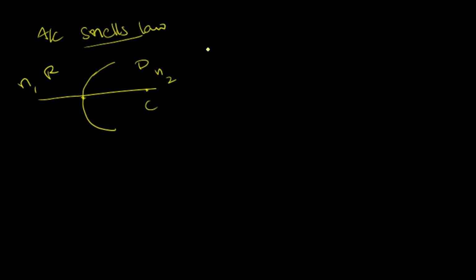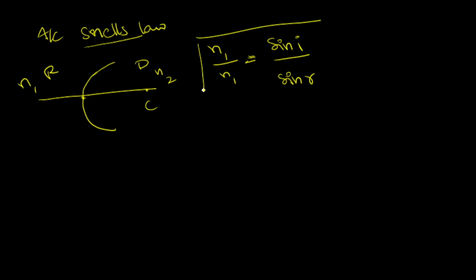Then the ratio of the refractive index of these two mediums, that is N1 by N2, will be equal to the sine of the angle of incidence to the sine of the angle of refraction. In our syllabus, there is no definite derivation for this equation. Therefore, I am not deriving this equation.